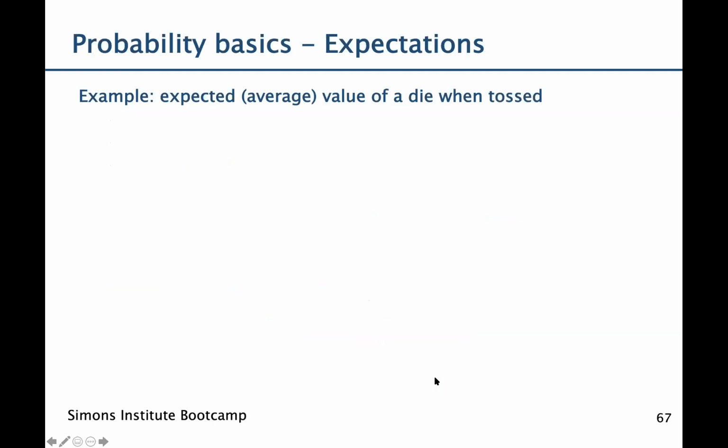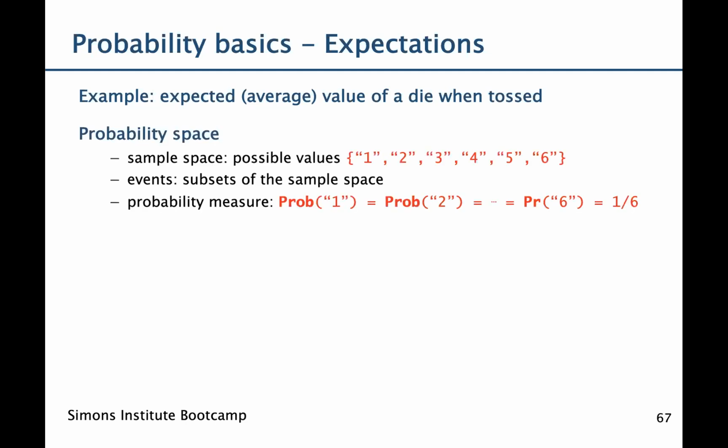So let's give a concrete example. Here we've got the expected or average value of a die when it's tossed. So what's the probability space? Well, this is the possible value. So either it's 1, 2, 3, 4, 5, or 6. And the events are just all the possible subsets of the sample space.